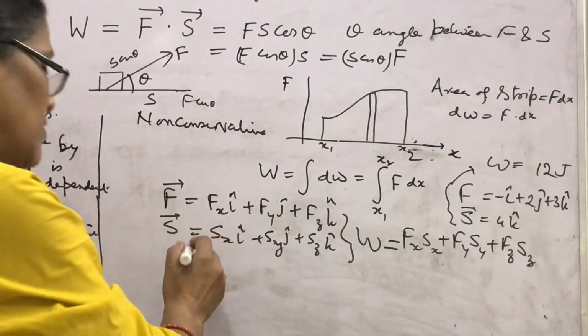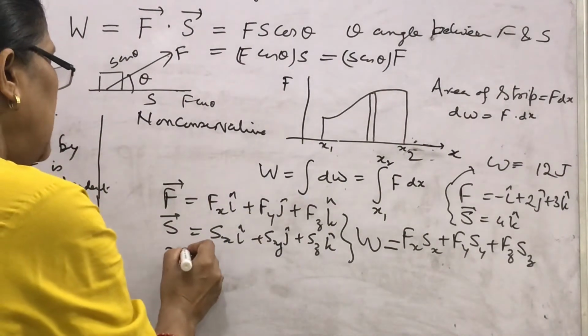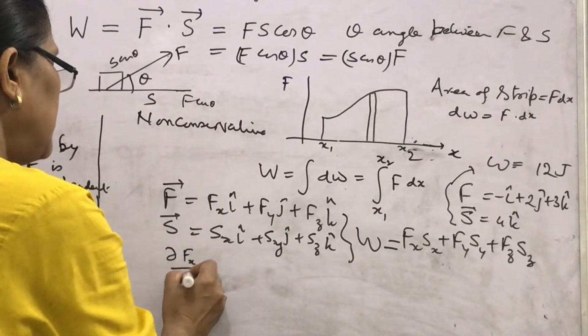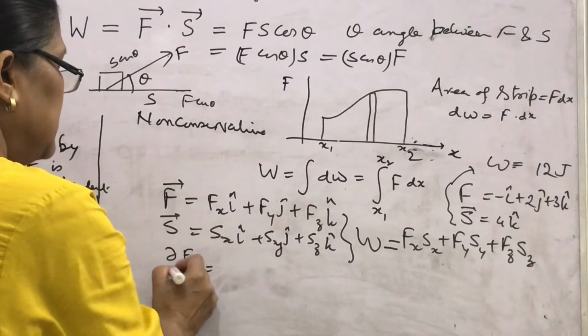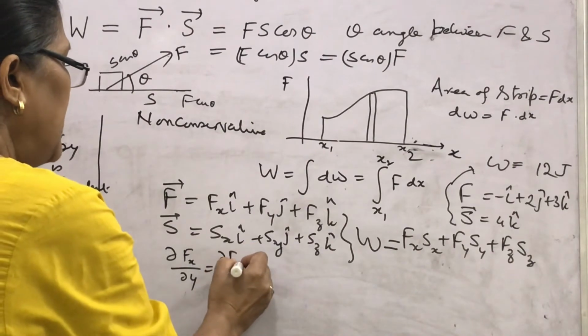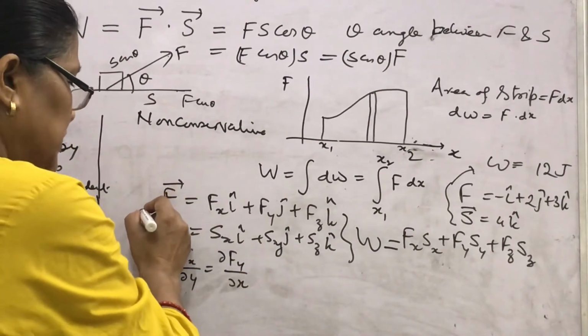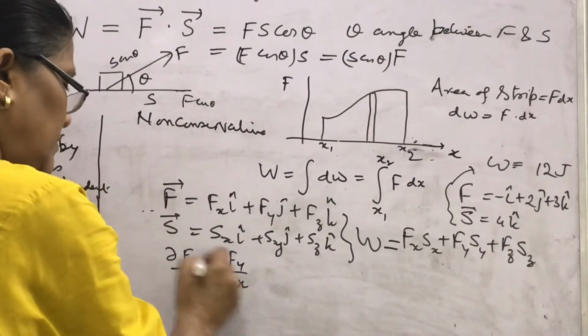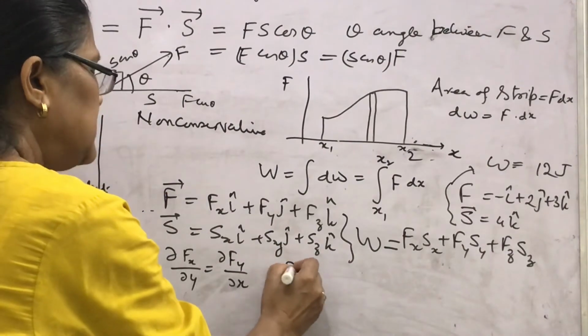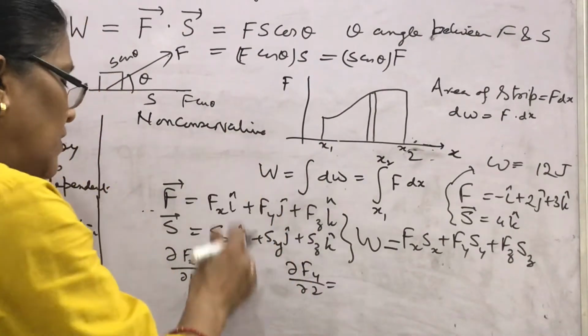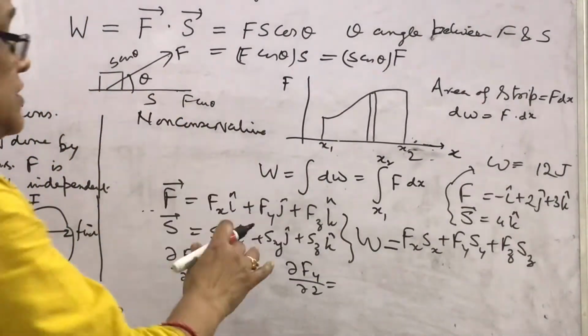And remember one more thing: the partial derivatives, del fx upon del y equals del fy upon del x. If in any expression for force these equations are satisfied, then the force is said to be conservative.